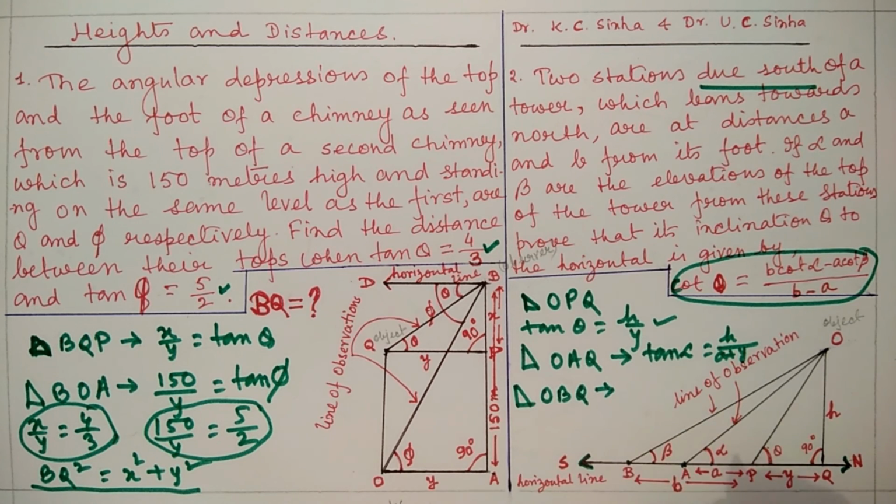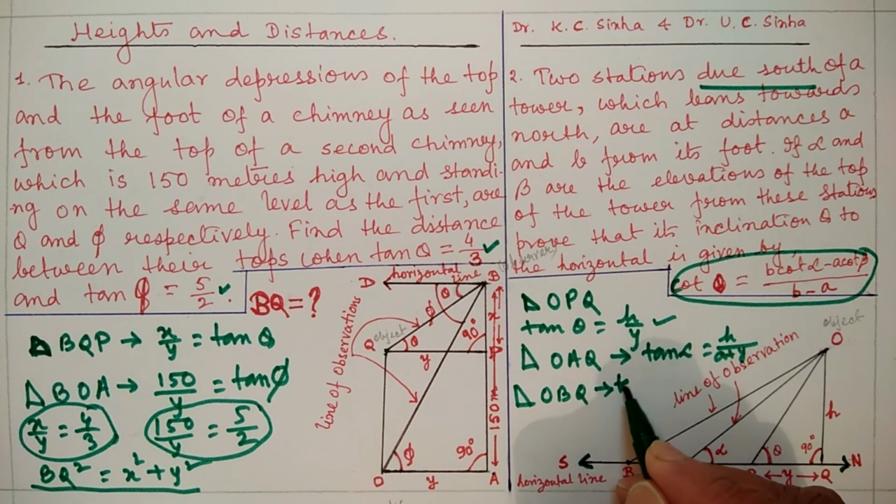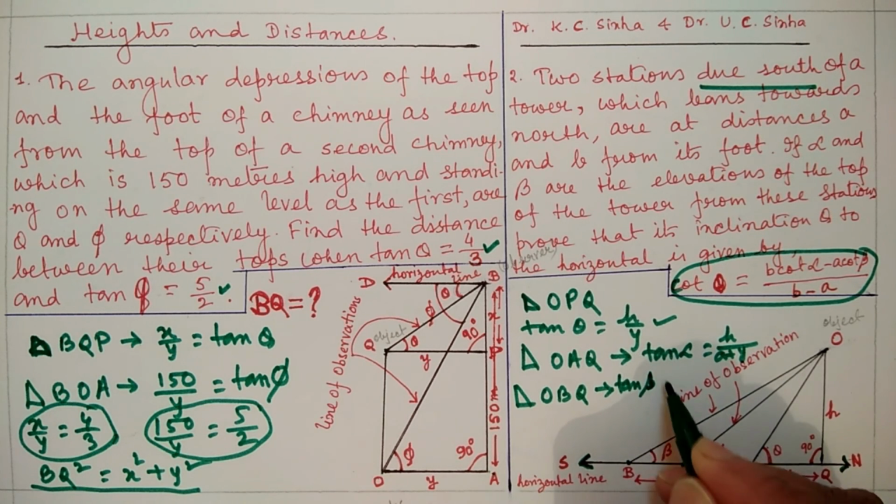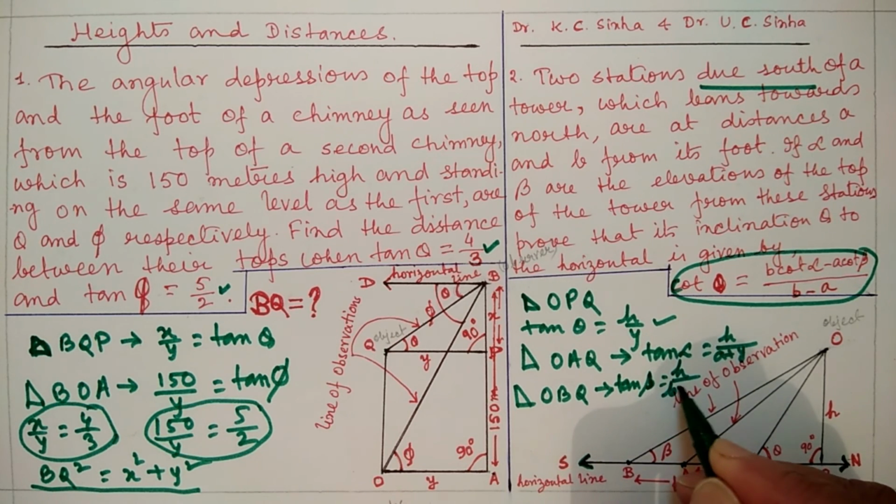From there, tan beta is equal to H by B plus Y.